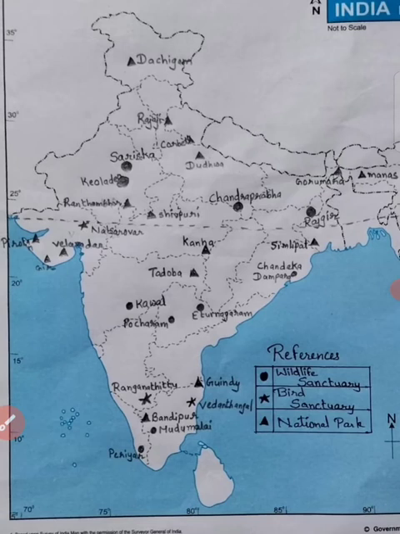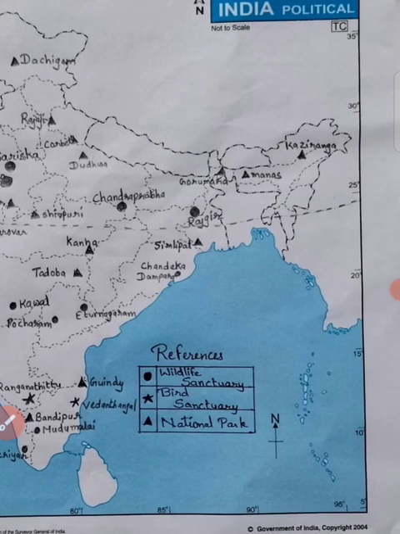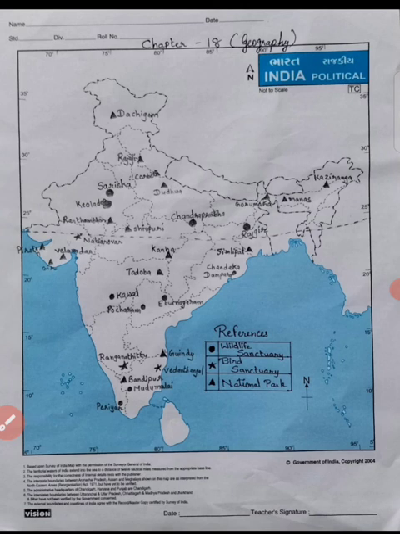So 3 are the bird sanctuaries, and for the national parks 1, 2, 3, 4, 5, 6, 7, 8, 9, 10, 11, 12, 13, 14, 15, 16 and 17. Total 17 national parks. So here this chapter number 18 map is completed.